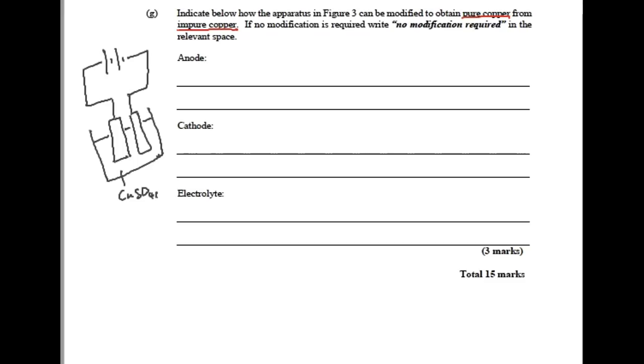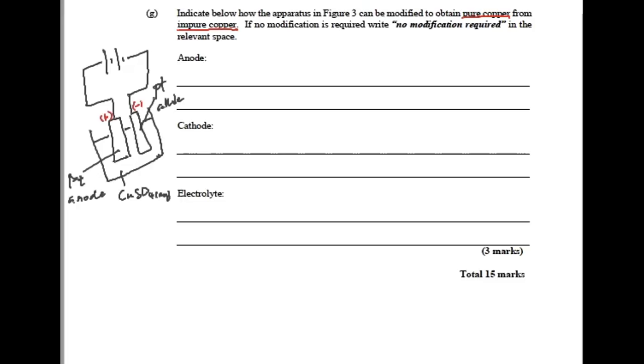This is the platinum anode, Pt anode, and the cathode is also a Pt cathode. I'm going to put a plus here so we know that this is the anode, and a minus here so we know that this is the cathode.